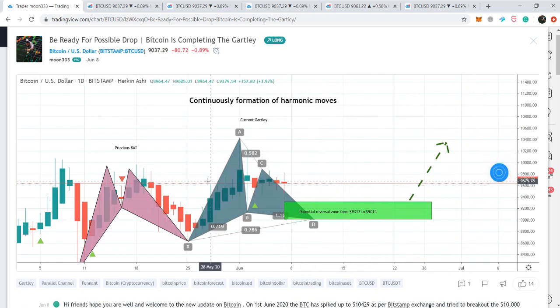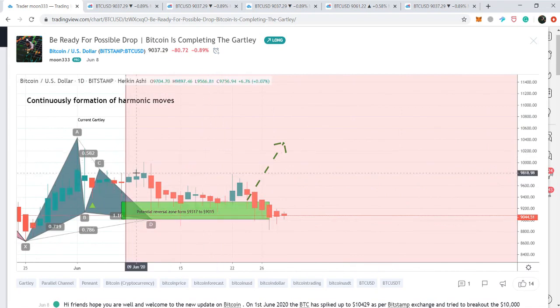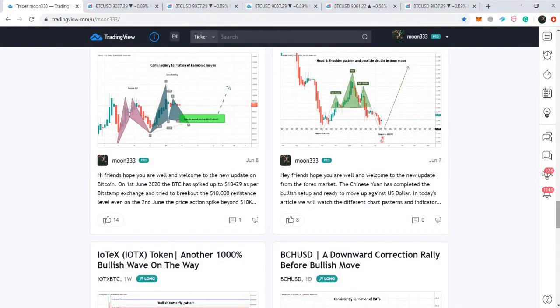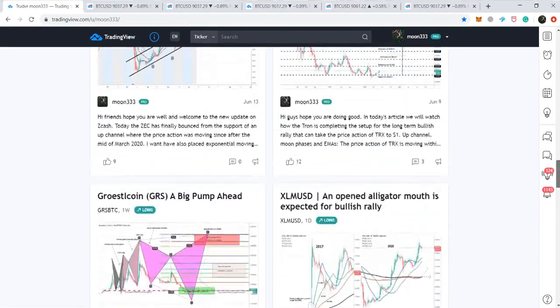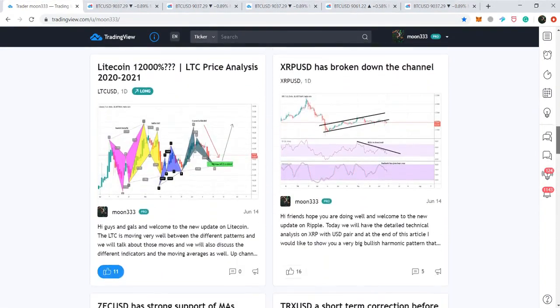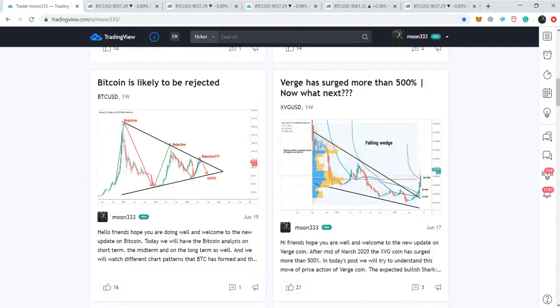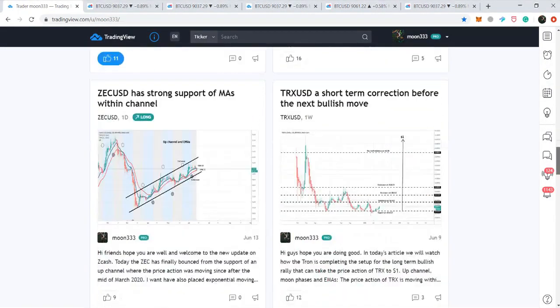On 8th of June, I posted this idea, and you can see that the price action completed the final leg, and in fact, this was the Bat pattern. After that, I followed up this chart and posted another follow-up chart where I told you that this was in fact a Bat pattern.